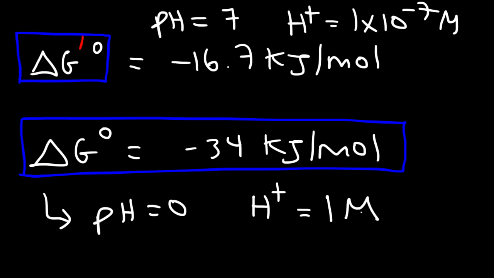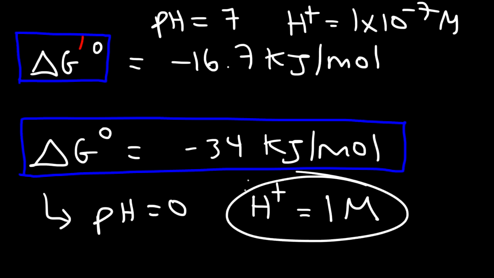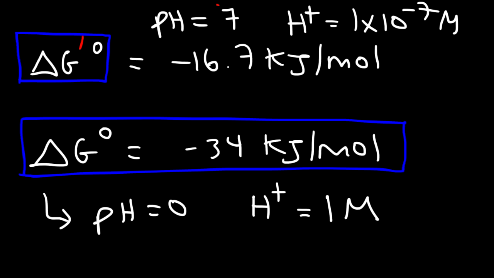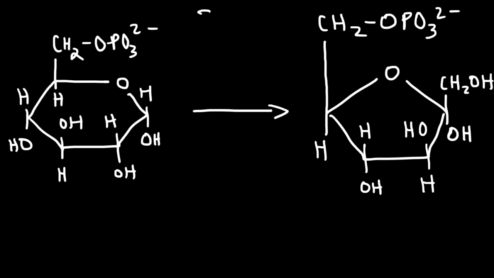And so from a biochemical perspective, this is not very useful because most cells don't exist at a pH of 0. They exist at a pH of 7. So the delta G values that I'm going to write in the future will be the biochemical delta G standard values. Now let's move on to step 2 of glycolysis.